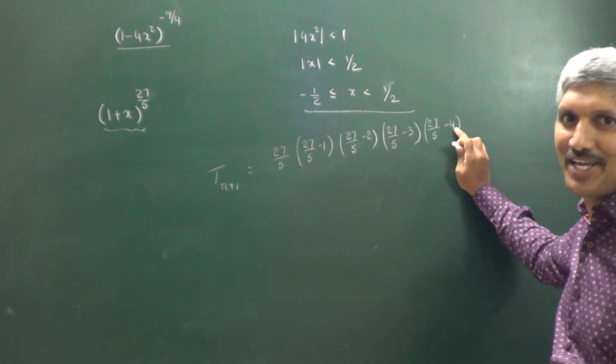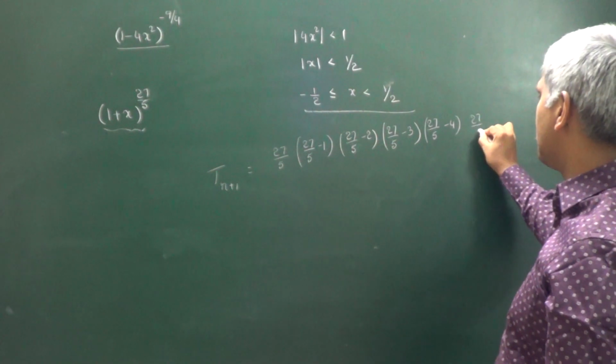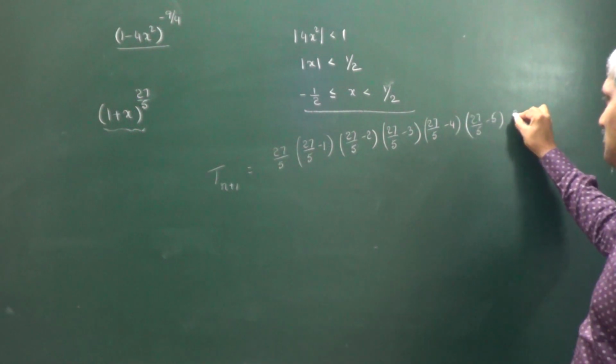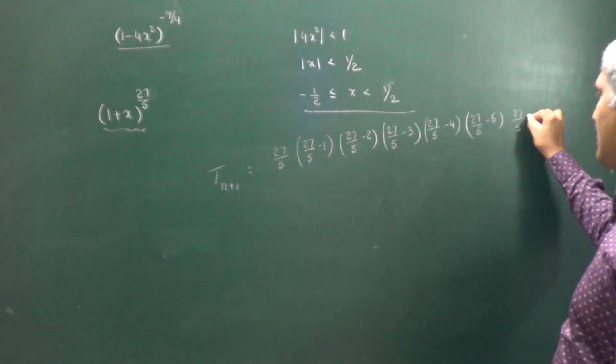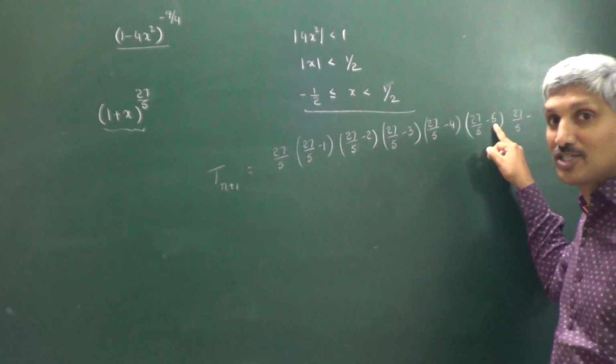5 4s are 20, and 27 minus 20 is positive only. Next, n minus 5, right? The next one we are getting is n minus 6, because 5 5s are 25. In that case also no problem.